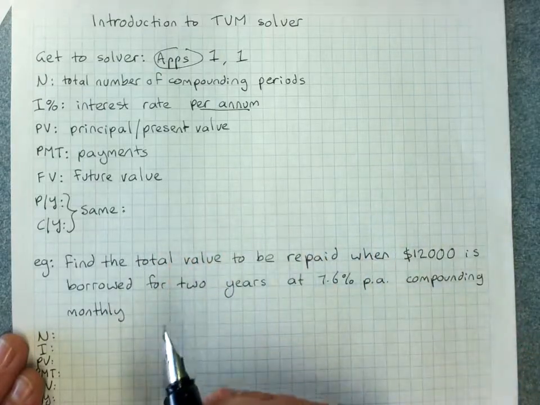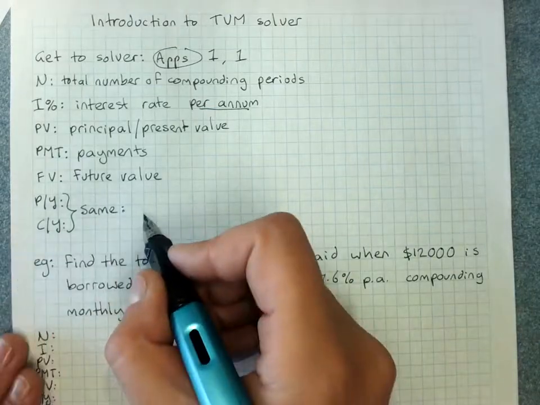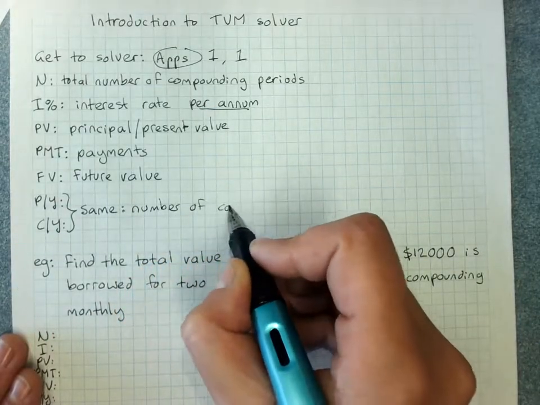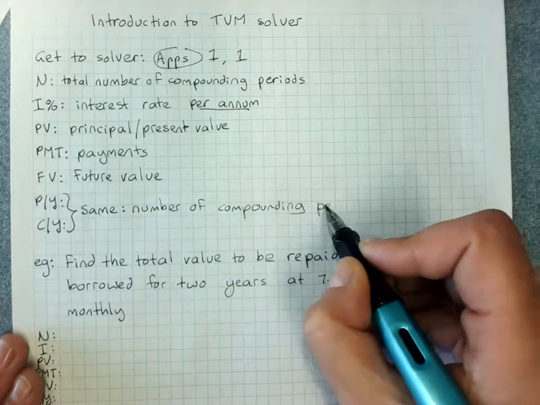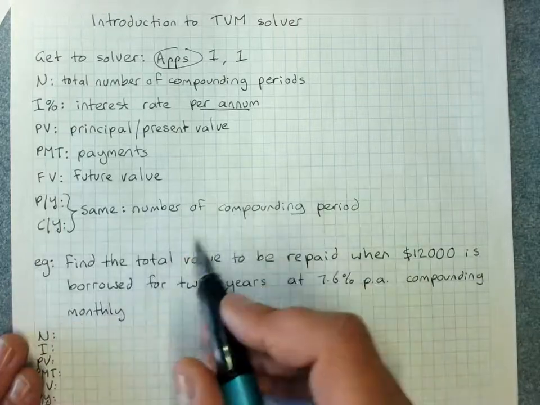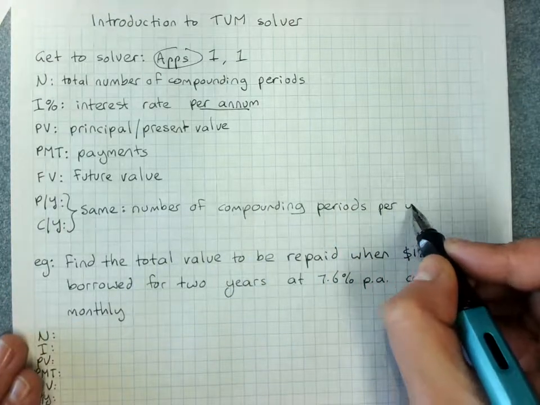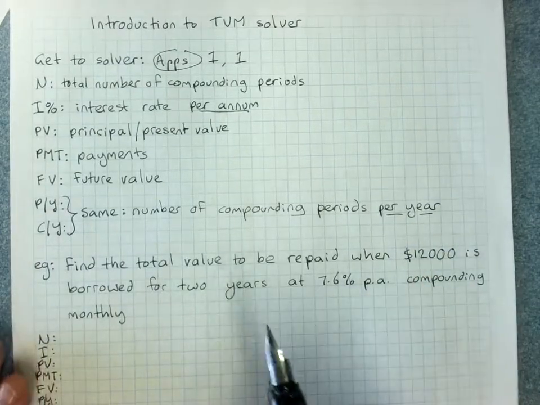Sometimes a loan is compounded daily but paid monthly. We won't tackle those questions. But it's important to know what these are: the number of compounding periods per year. And I'll come back to that a bit.